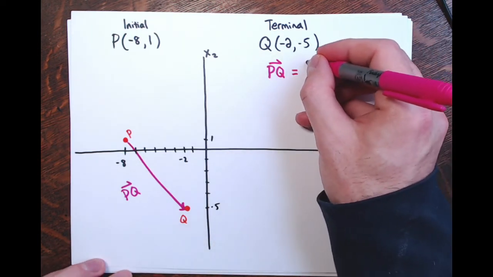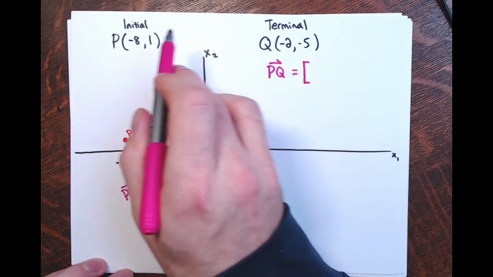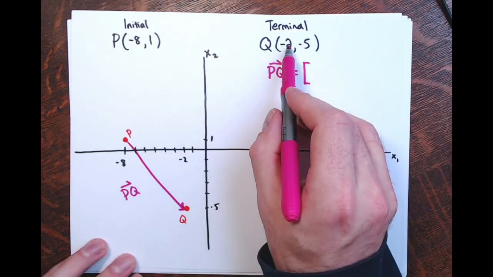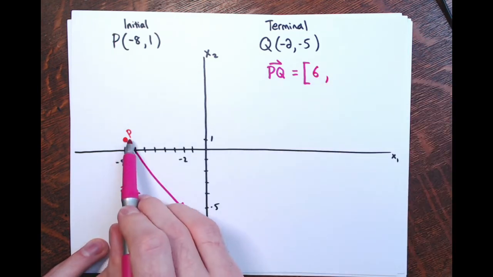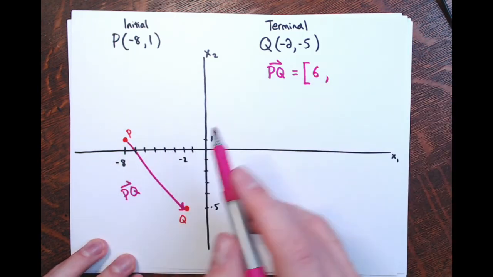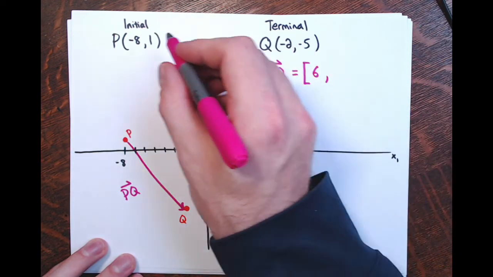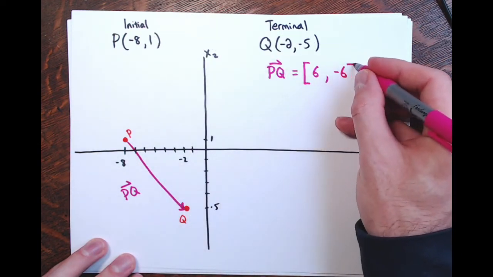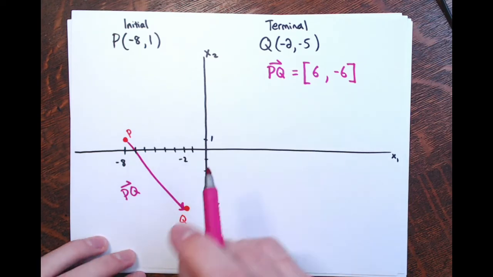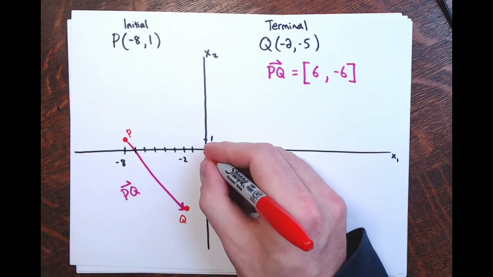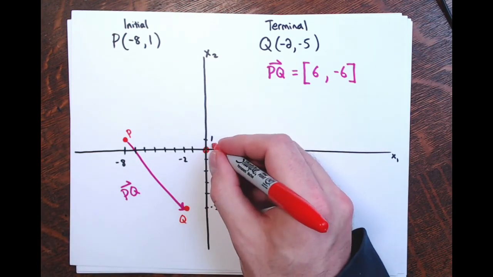So here are the components. Now remember, it's terminal minus initial. Negative 2 minus negative 8 would be positive 6. So you see that's 6 units to the right. And then negative 5 minus 1 is negative 6. So that's 6 units right, 6 units down. So I do the same thing starting from the origin. Here's the point 0, 0.